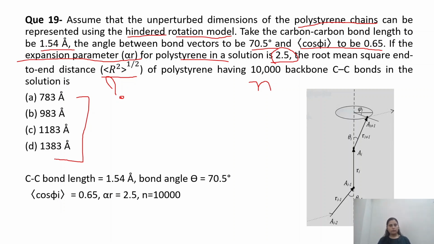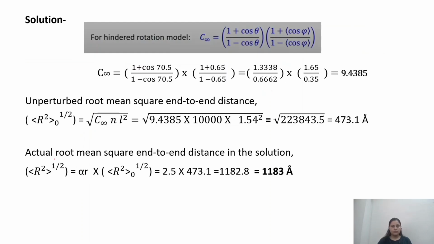So we already have the CC bond length as 1.54 angstrom, bond angle theta as 70.5, cos phi value is given directly as 0.65, the expansion parameter is given as 2.5, and n value is given, which is 10,000. It is given in the question that it is a hindered rotation model. So for the hindered rotation model we need to calculate all these parameters.